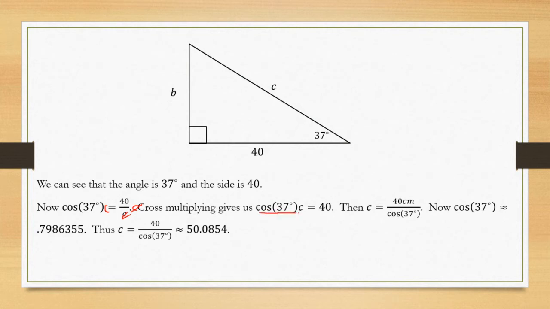Then I divide by cosine of 37 degrees. Bear with me. I'm miswriting on a blackboard. I'm sure you can see what I'm doing. When you divide like this, these are going to cancel, and you're left with this here.